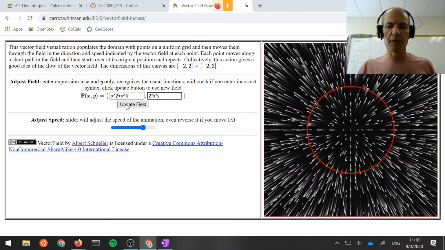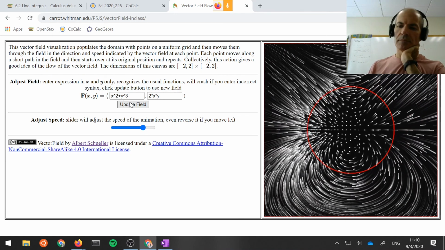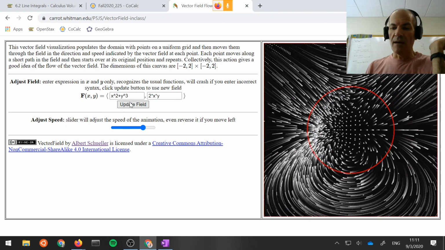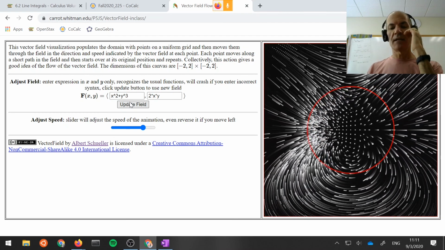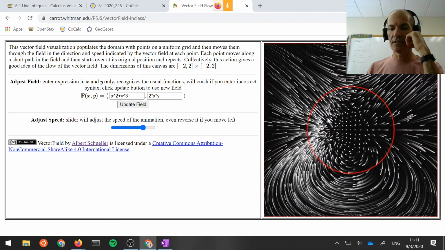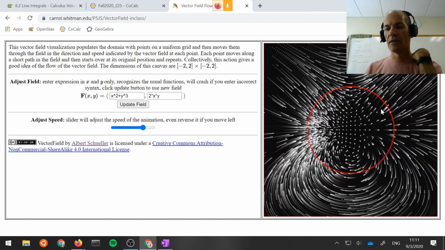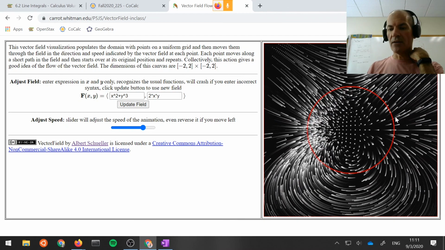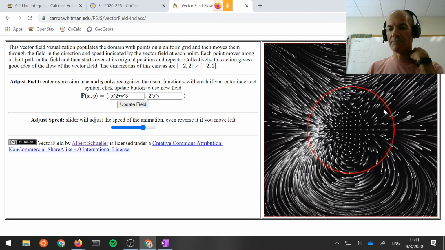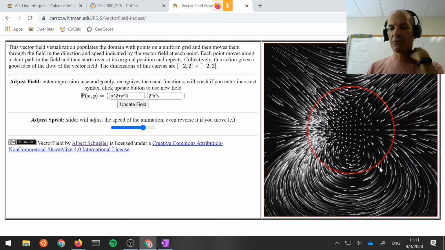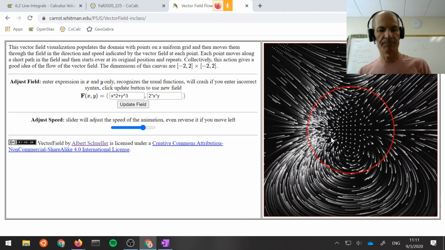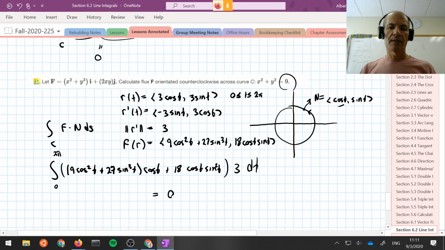And let's update the field. And you know, it's not at all obvious, but the net flux across the circle is 0. So everything that's flowing in is balanced by all of this stuff that's flowing out. So the net flow across this red boundary, this circular boundary, is 0. That's how we interpret it.